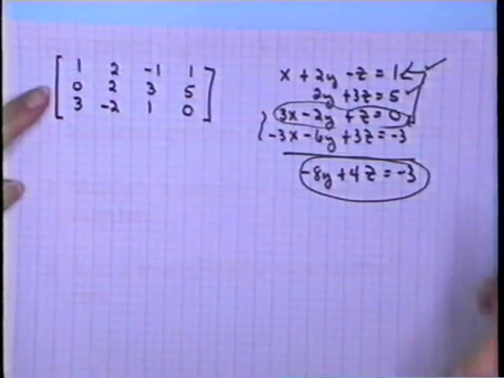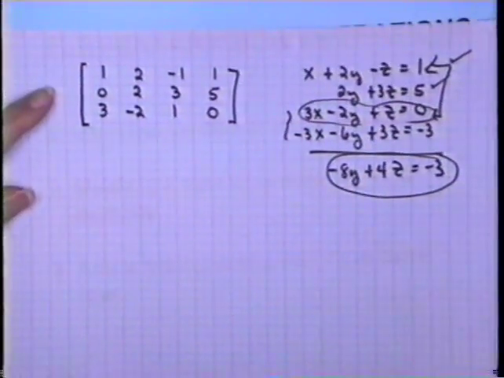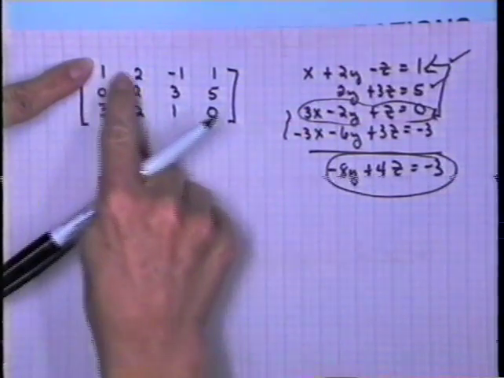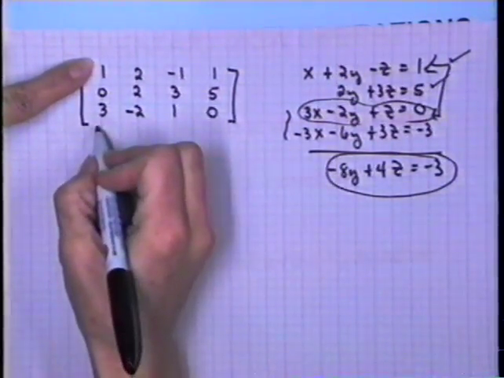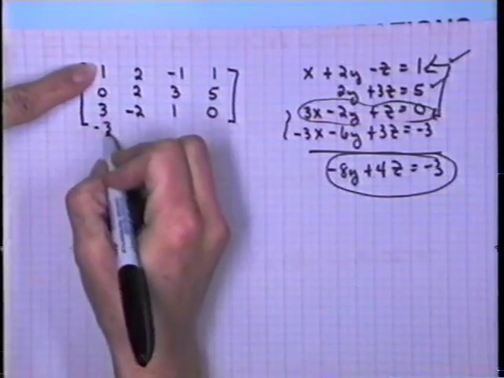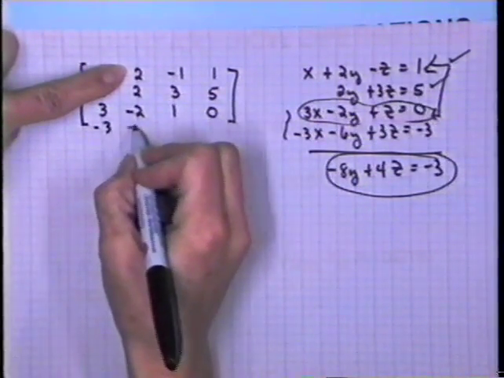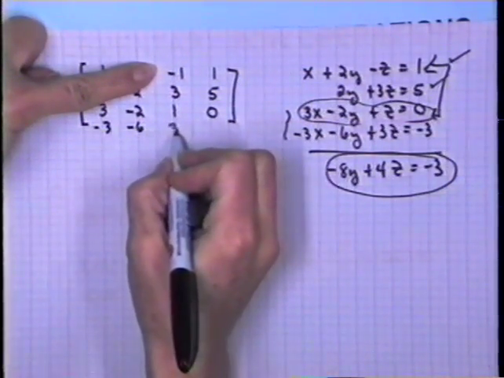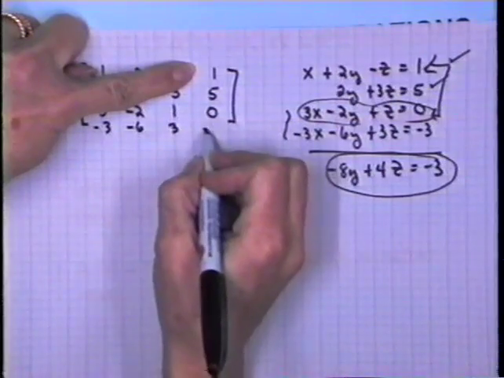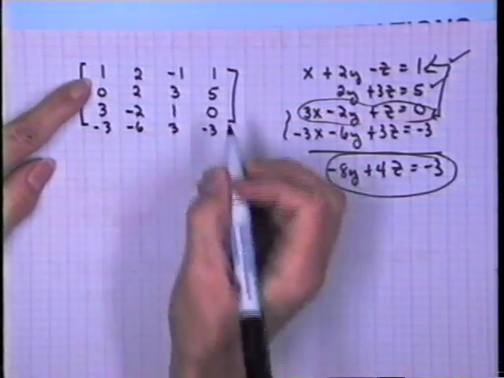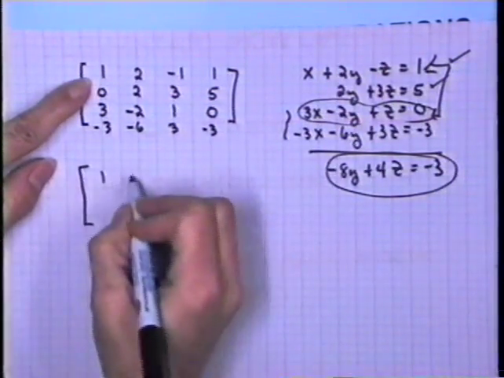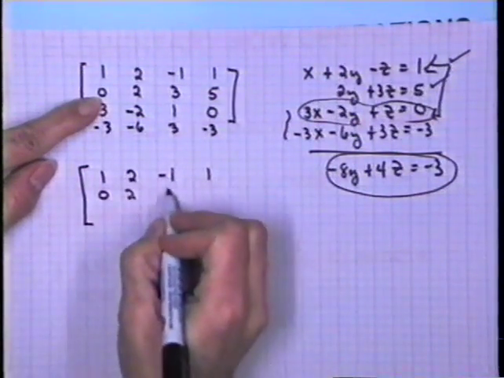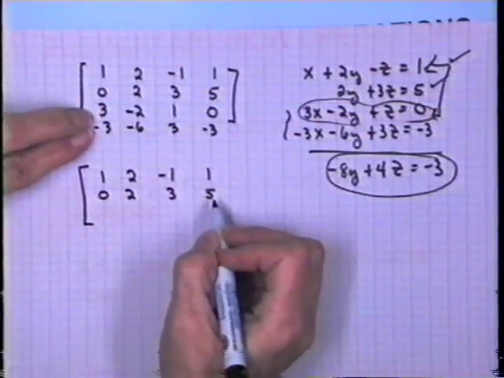Now, let's translate that over here to a matrix and see how that compares. If I take this first row and multiply it by negative 3, I'm going to put the answers down here. Negative 3 times 1 is negative 3. Negative 3 times 2 is negative 6. Negative 3 times negative 1 is positive 3. And negative 3 times 1 is negative 3. Now, if I leave the first row of my matrix the same, I leave the second row the same, but then I add these.